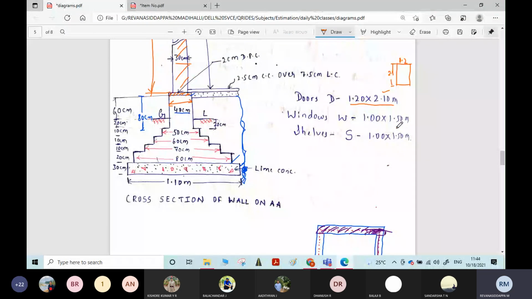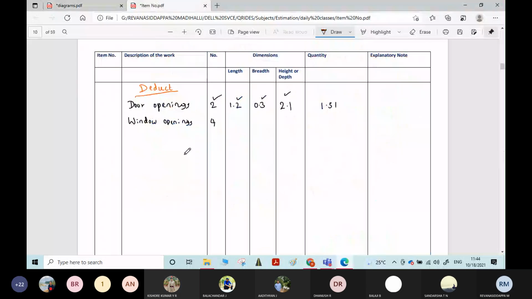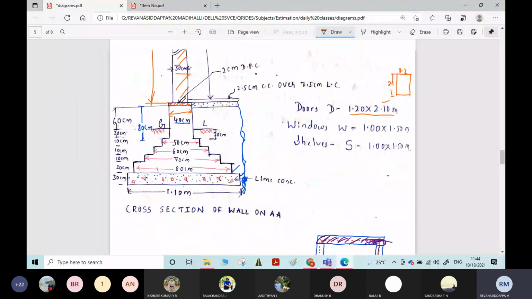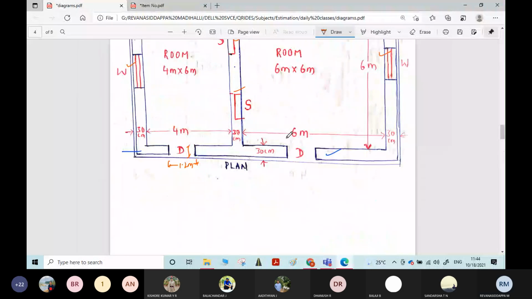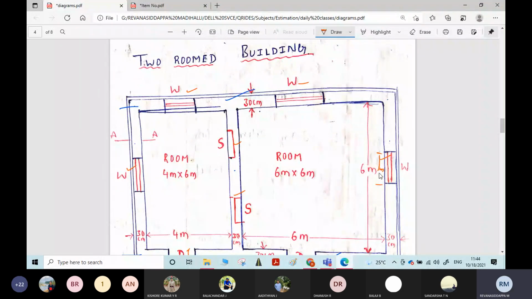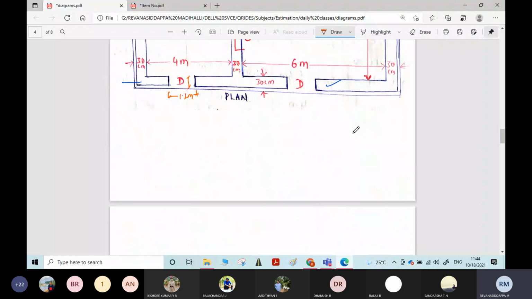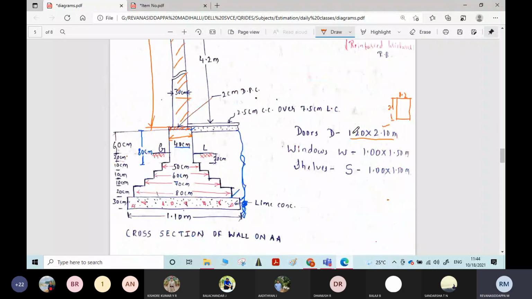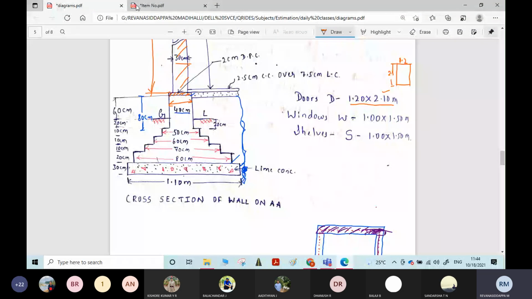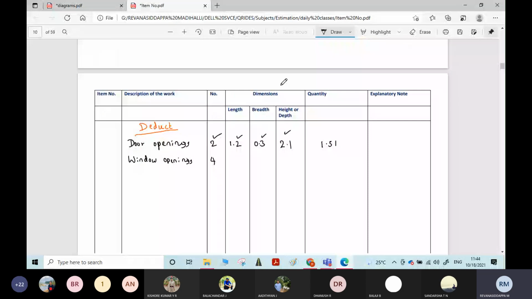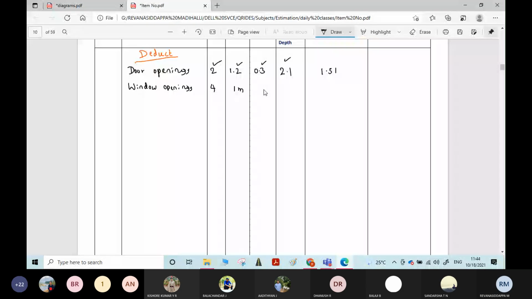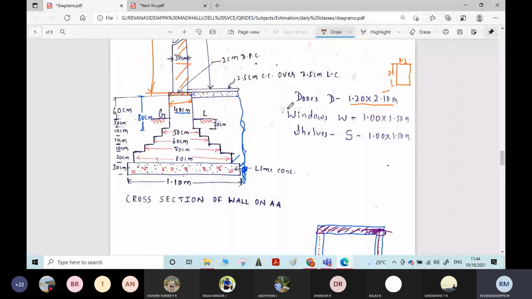What is the length of the window opening? 1 meter, correct. The height of the window opening is 1.5 meter and the thickness will be equal to the thickness of the wall, 0.3 meter.